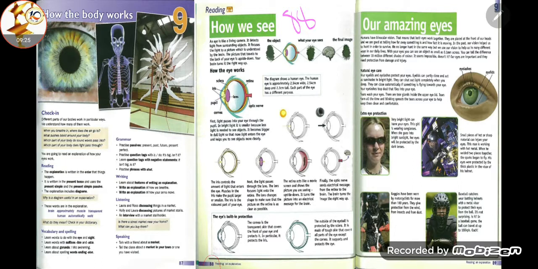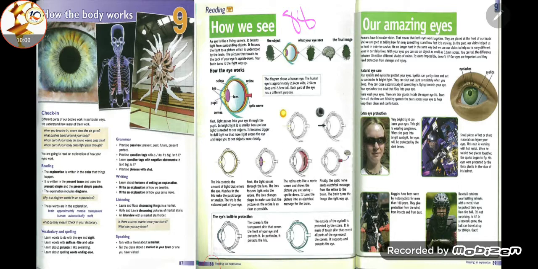The brain turns the image the right way up. The eye's built-in protection. The cornea is the transparent skin that covers the front of your eye and protects it. In particular, it protects the iris. The outside of the eyeball is protected by the sclera. It is made of tough skin that covers all parts of the eye except the cornea. It supports and protects the eye.